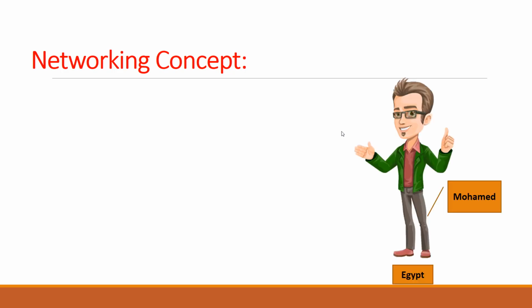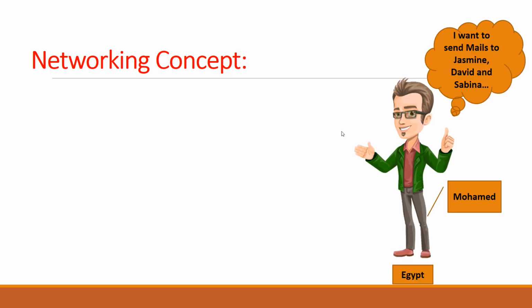Let's give another example that will simplify the concept of networking. Let's assume that Muhammad from Egypt would like to send mails to Jasmine, David, and Zabina. And by the way, David is Jasmine's father and Zabina is Jasmine's mother. So they are located in the same house, in the same building, in the same flat.